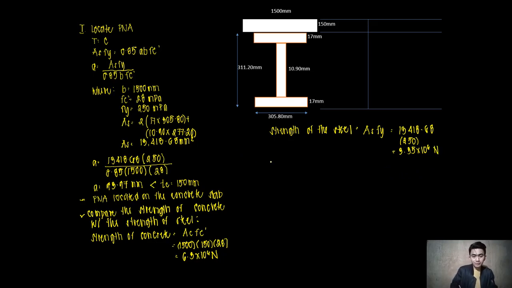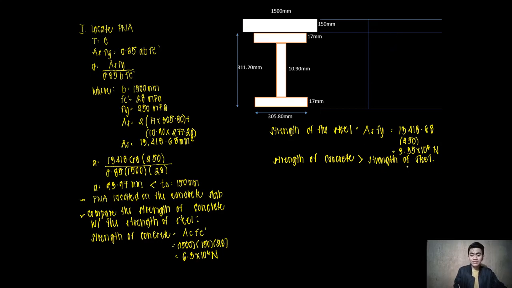Observe now that the strength of concrete is greater than the strength of steel. Since the strength of concrete is greater than the strength of steel, that means the plastic neutral axis belongs on the concrete slab of our composite beam.